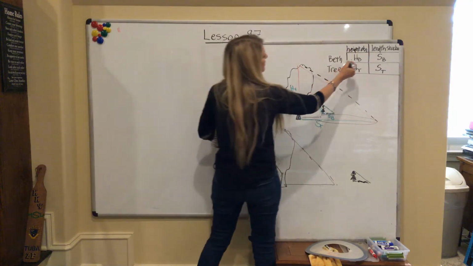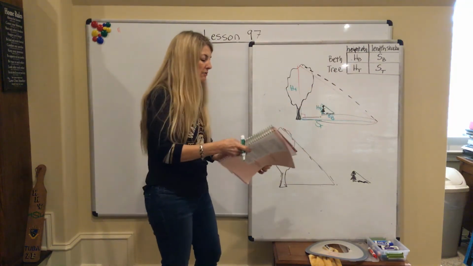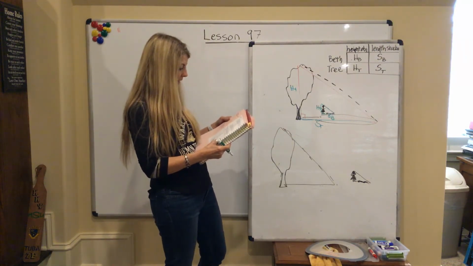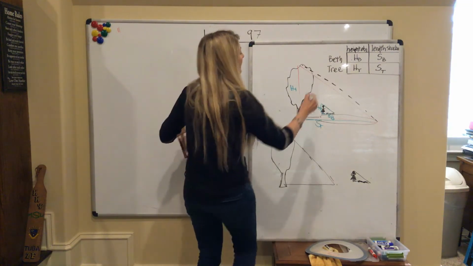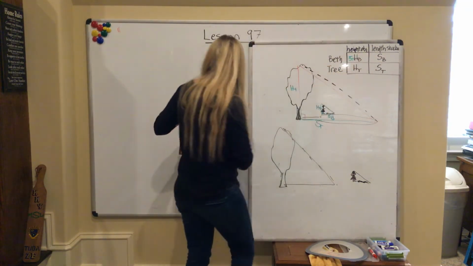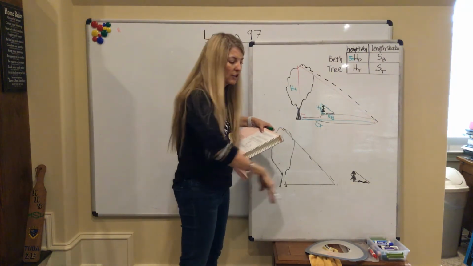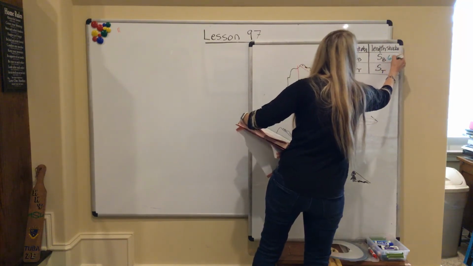So Beth might have known, hopefully she does know how tall she is, so she could have said, I know I'm 5 feet tall. And she may have estimated, looking on the ground, that the length of her shadow was 6 feet.